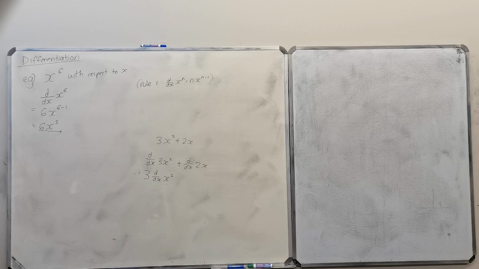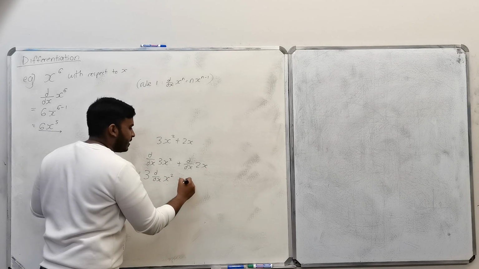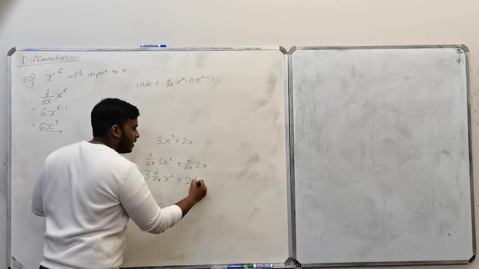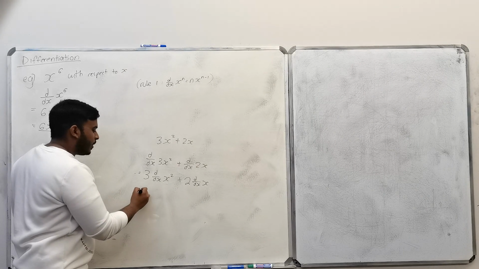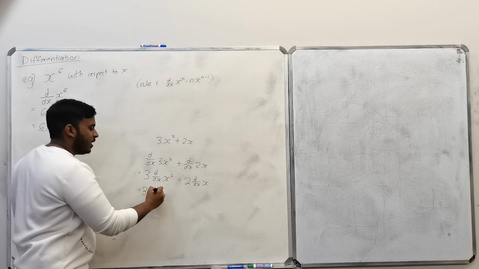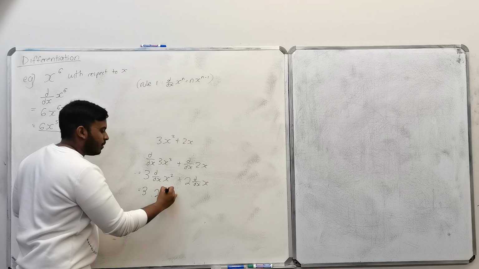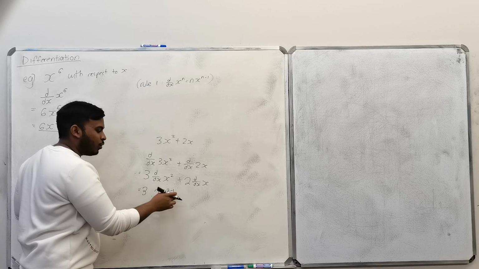You see how it's written after that? k outside d over dx x to the power n. For d over dx x to the power n you would use rule 1. Understand? Here I'll do the same thing: plus 2 d over dx x. So this would have been 3 times 2x to the power 2 minus 1 using rule 1.